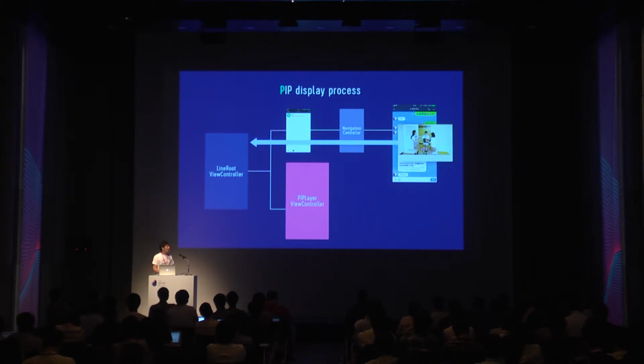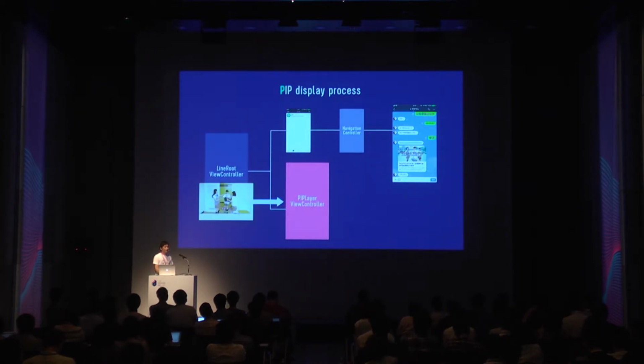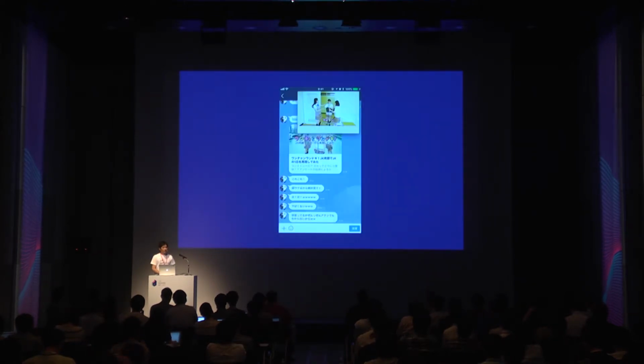And so the chat room's view controller hierarchy actually goes up to line root view controller, and then the line root view controller goes through this handover step, and the PIP can be displayed at the end of the day. And so this is really what we have realized within LINE in terms of PIP function.